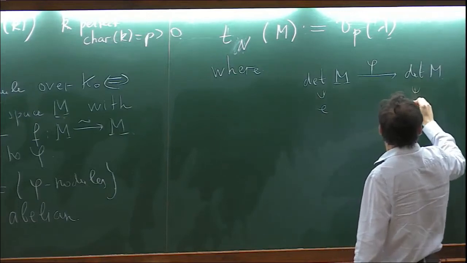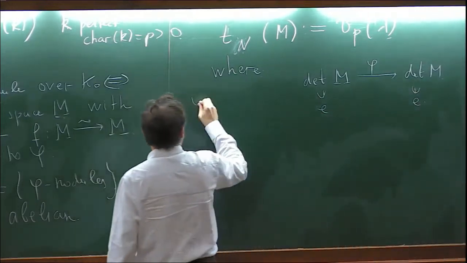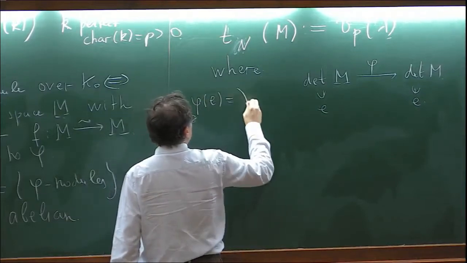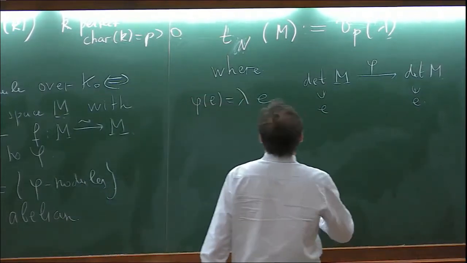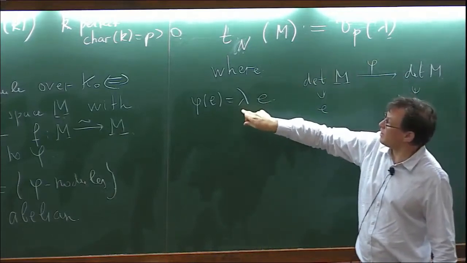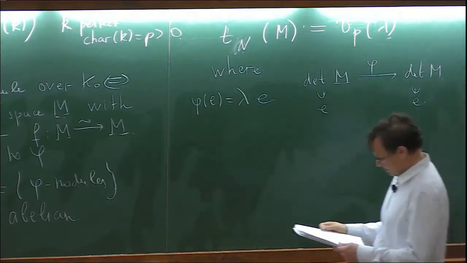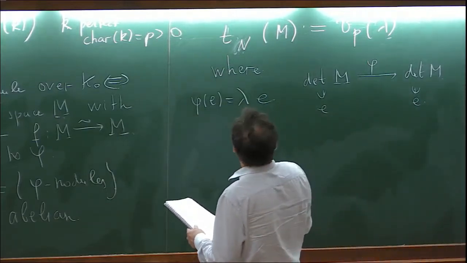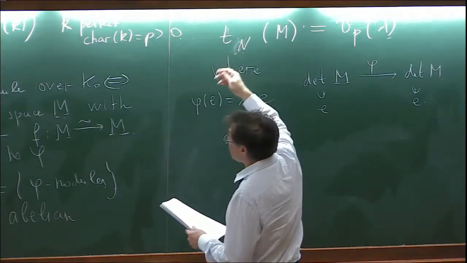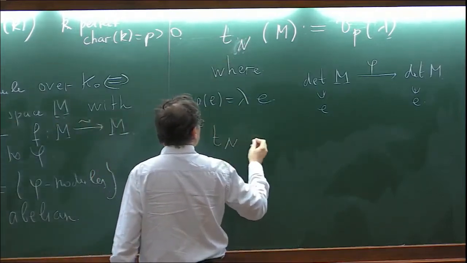So we take a basis e here, and φ(e) is λe, and the valuation doesn't depend on the choice of e. So we have a similar property: this assignment is additive.